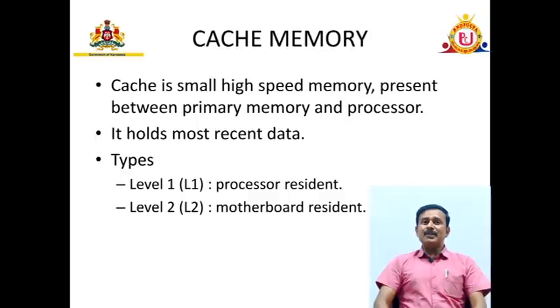To enhance the capacity of L1 and L2, we use L3 cache, level 3 cache. So, cache is a small, very high speed memory placed between RAM and processor, that is CPU. It stores most recently performed data.